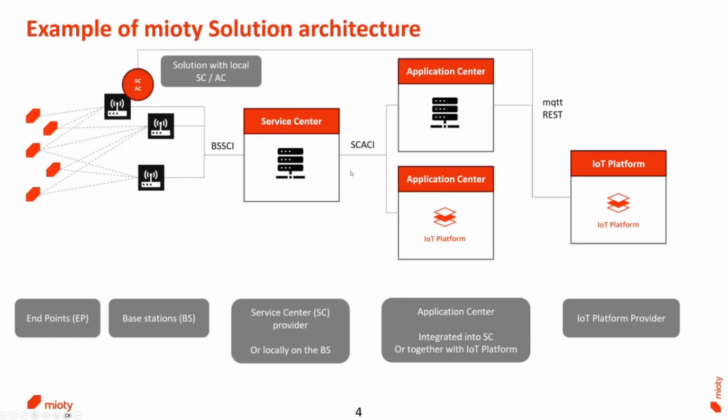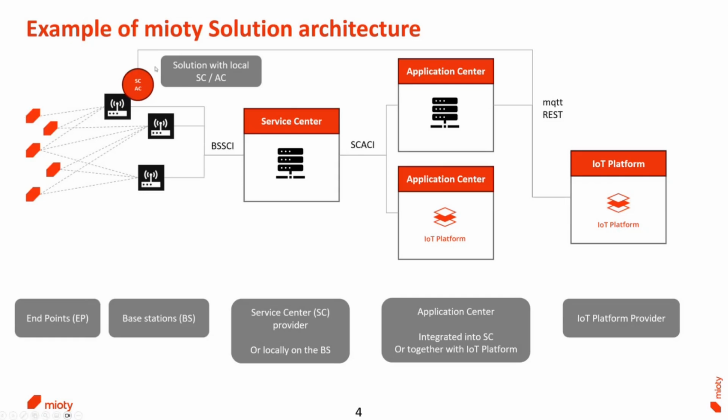From there, it's also a standardized protocol, SCA-CI, for connection between service center and application center. And from the application center, for example, you can go with MQTT and REST to different IoT platforms. What you prefer, you can go for ThingsBoard, Grafana, and some other platform providers.